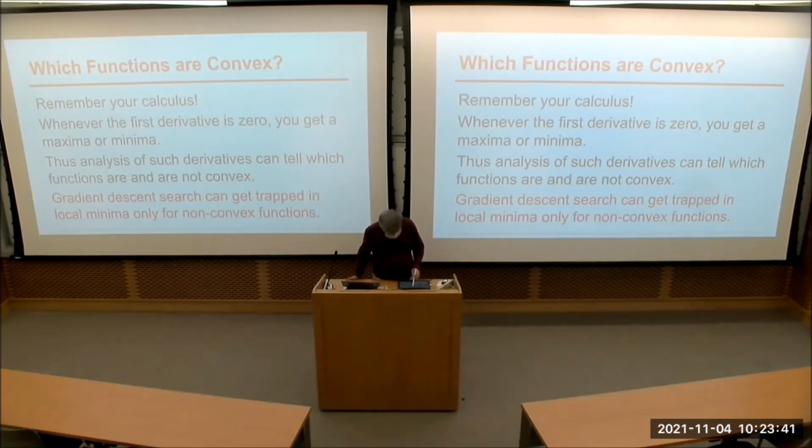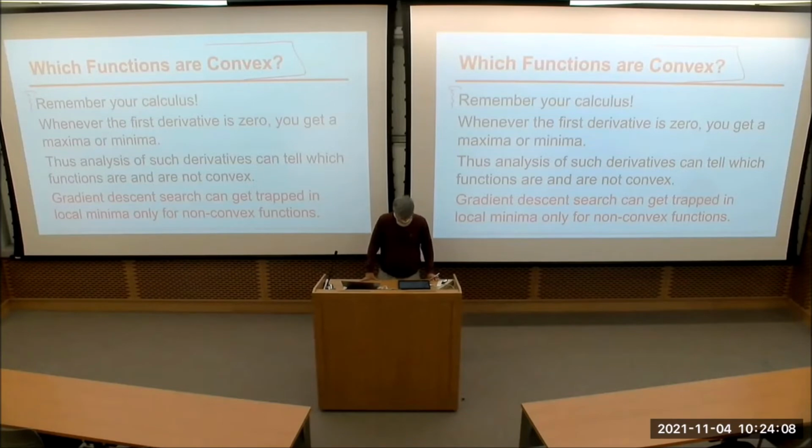How do I know whether my loss function is convex? This is a complicated question. But again, you sort of knew when you were taking calculus. In calculus, they talked about issues of when functions had single minima or not.